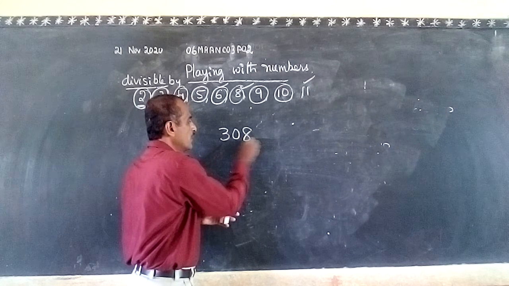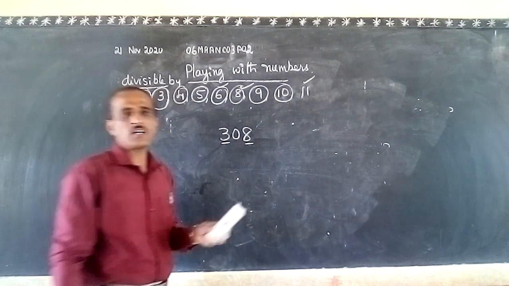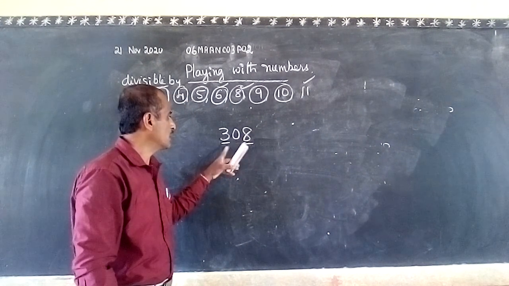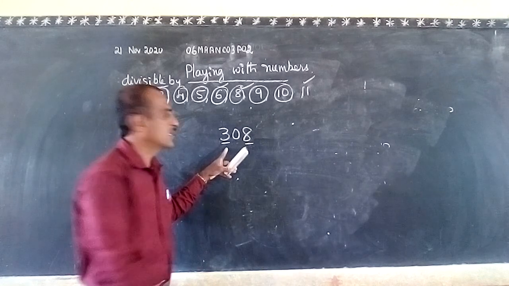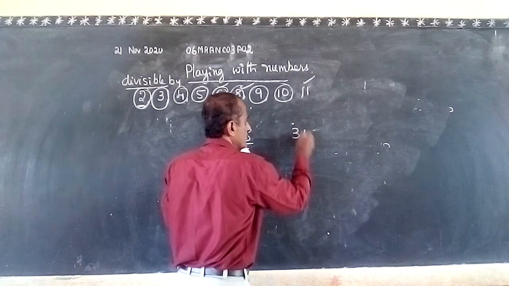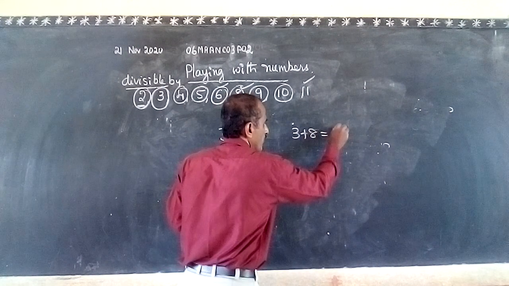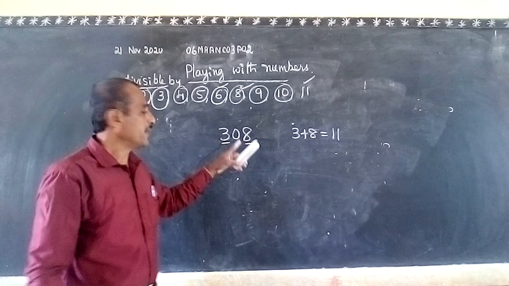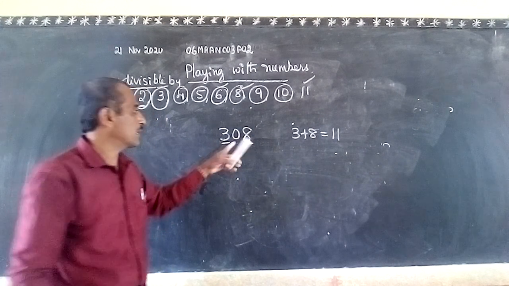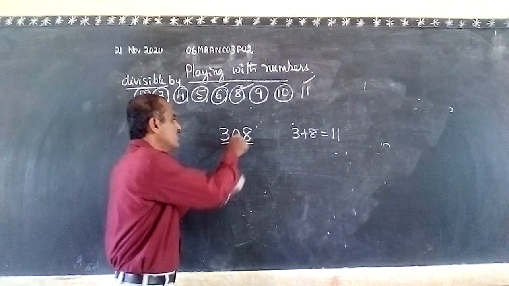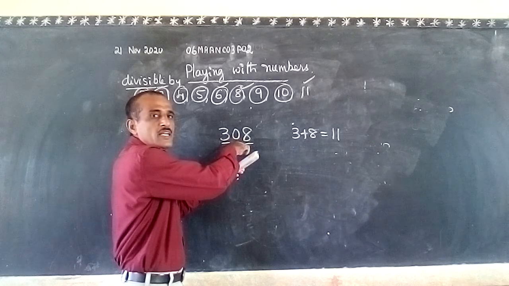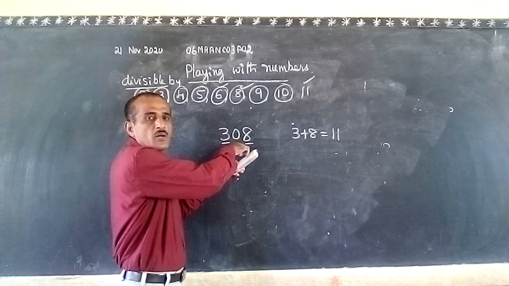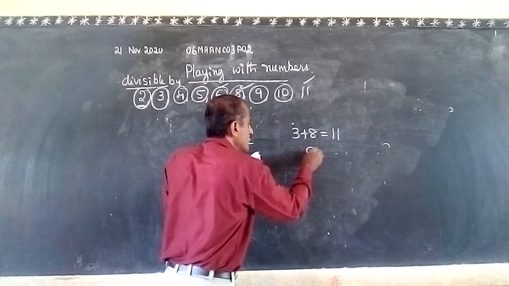Odd places: 1, 2, 3. Odd places are the 1st and 3rd digits. So add those digits separately, it is 11. And add the even digits separately. Here there is only one even digit, 2 is the even place, and it is 0.